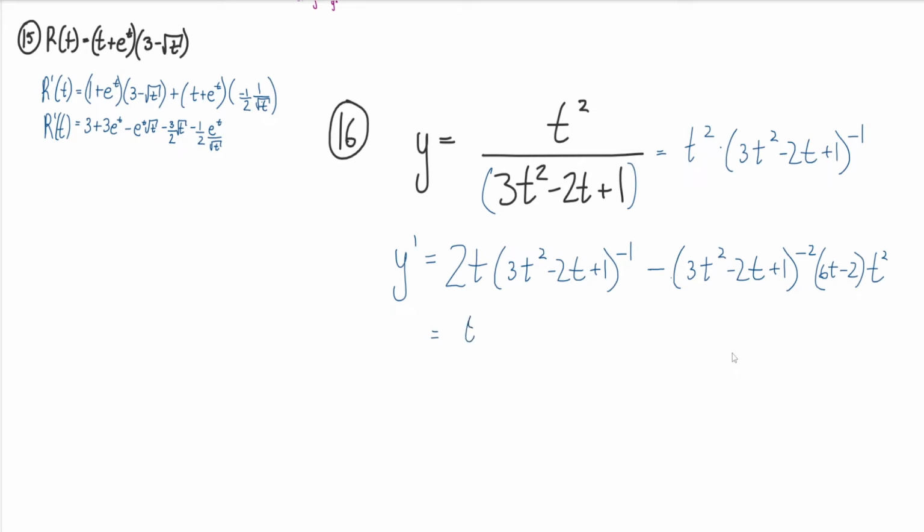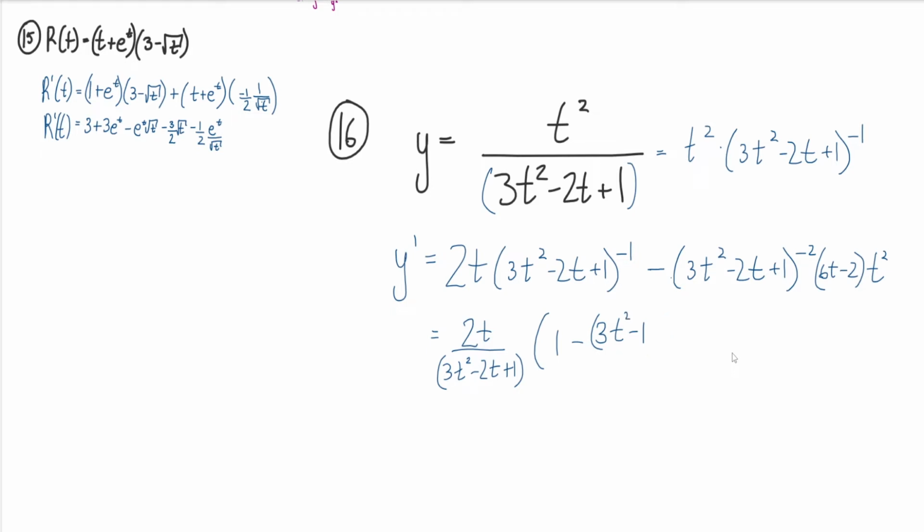So I'm going to get t over, no, I can take a 2t. So 2t over 3t squared minus 2t plus 1, times 1 minus 3t minus 1 times t.